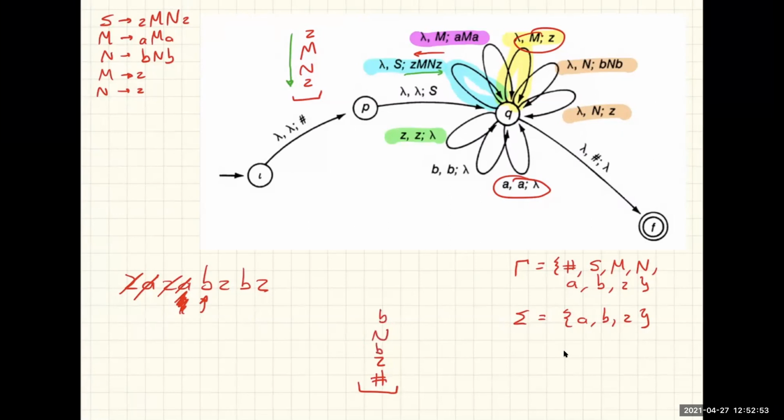Okay, so now I can consume this B, and now we have this N. And now we need to use this rule, B, to consume it. This is what we did here. Now we have this N, we will change it for Z.